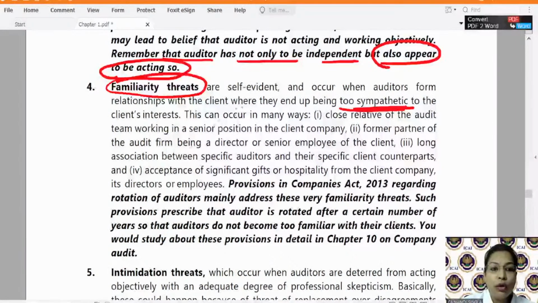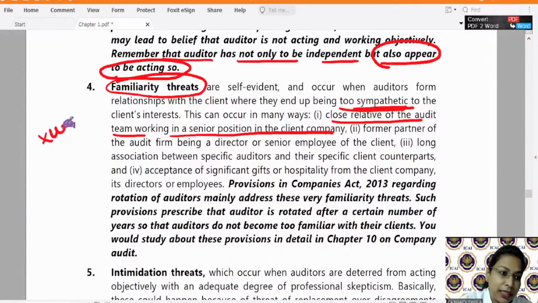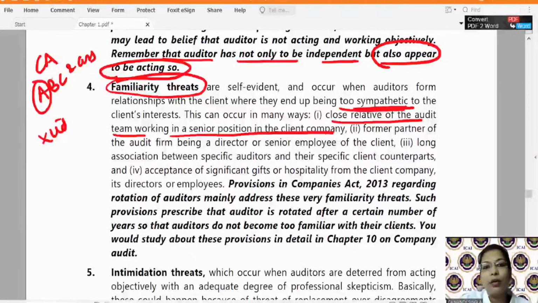Okay? This can occur in many ways, for example a close relative of the audit team working in a senior position of the client. So let's say X Limited is there. ABC and Associates are the auditor. CAA and his team are going to conduct the audit. Now, Mrs. A is the director of X Limited.